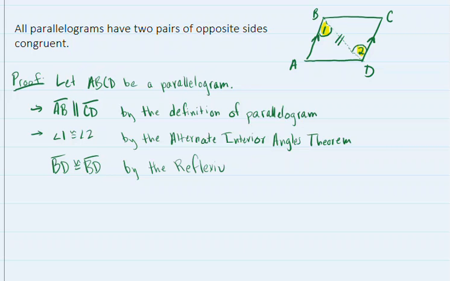Reflexive property of, you might see the word congruence here. You might see the words congruent segments. In any case, and you might even just see the word reflexive property. But let's go ahead and write reflexive property of congruent segments.